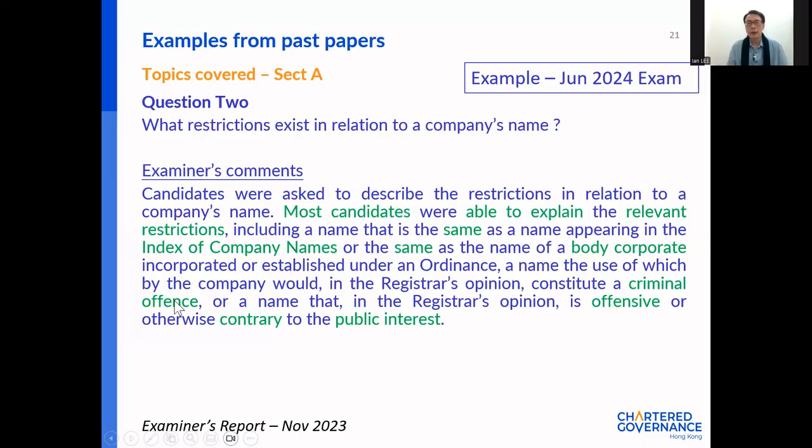The example I often use is that it's a criminal offense to say you're a member of a triad, for example, the gangsters. So if you call yourself number one triad company limited, then I think there's a chance you may have committed an offense. So in that case, if you apply to have that name for your company, quite likely the CI will say, no, you cannot do that. Also, if the name is offensive or otherwise contrary to public interest, cannot as well.